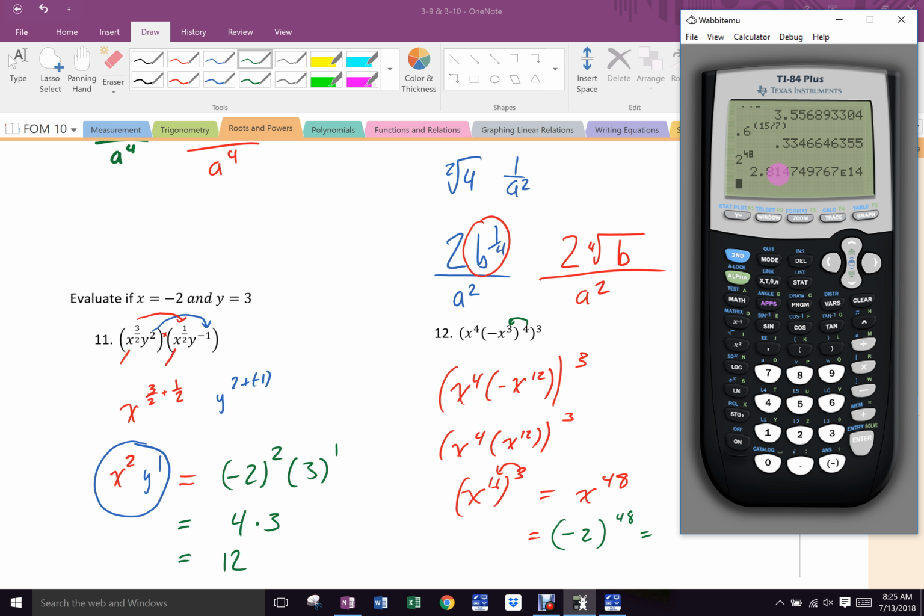It's that. And the decimal place is going to move 14 times. 1, 2, 3, 4, 5, 6, 7, 8, 9. And then 5 more zeros. Big number. Right?